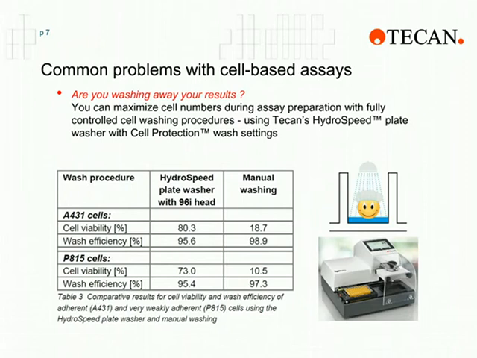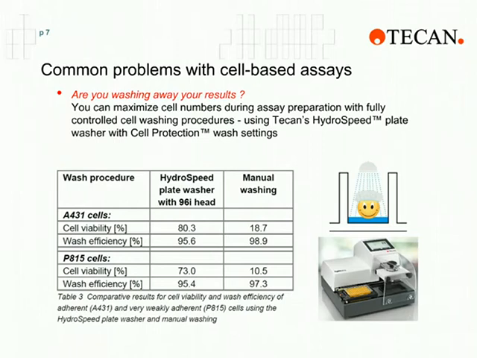Coming back to the first point in terms of assay preparation, as I mentioned, you can maximize the cell number during assay preparation when you do a fully controlled cell washing procedure. I know that many people still are doing manual washing, and we have done a consistent validation with two different cell lines, as you've seen in this image.